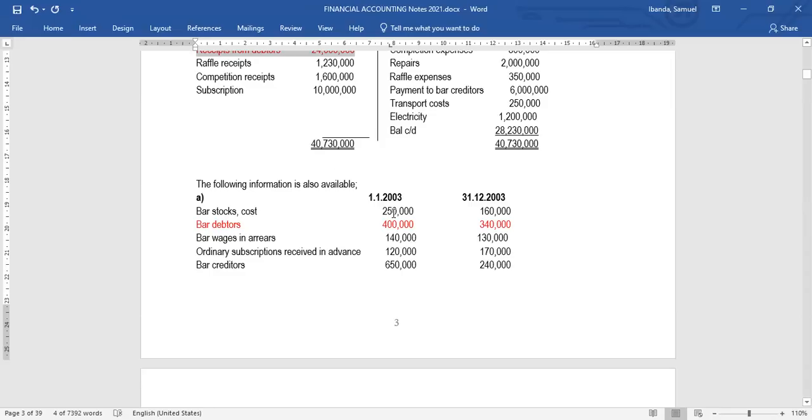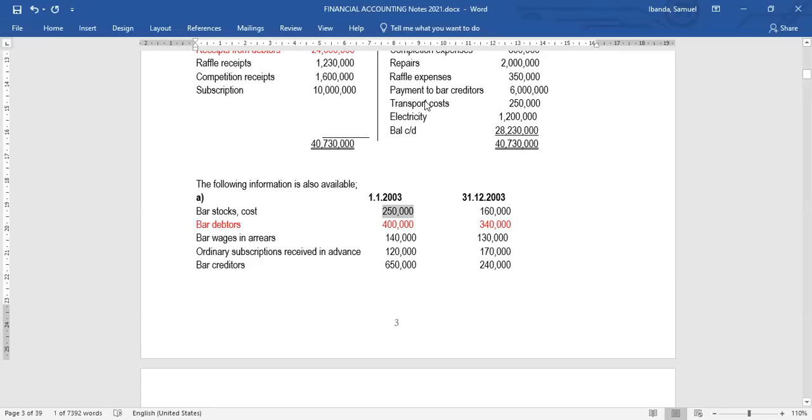Now, we have opening stock, and they have given it to us here. Remember, they're saying bar stock at the start of January 2003 is 250. So I'll have my opening stock, which is 250.